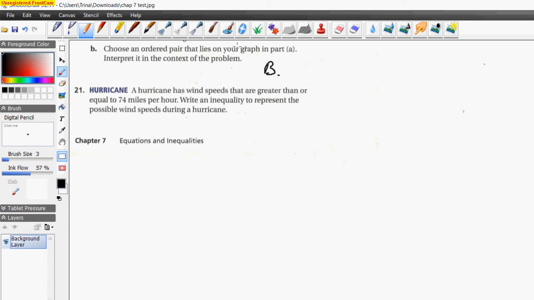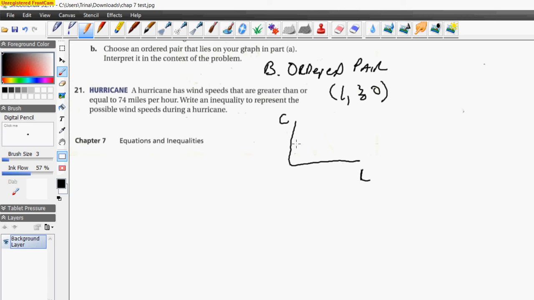So we would make it look something like this: the ordered pair. We talked about that before. It's really simple. The ordered pair for this would be 1 and 30. I'll do a quick graph so you can see it. This stands for cost, and this stands for the t-shirts.